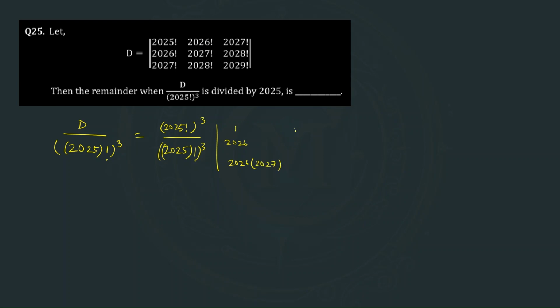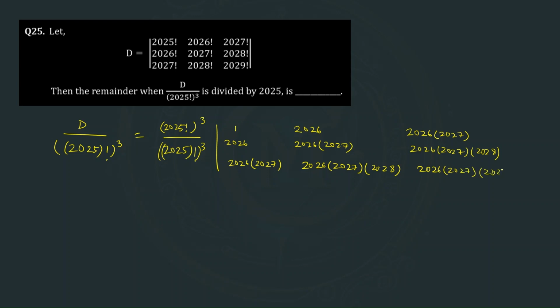Here it will be 2026, then 2026 times 2027, then 2026 times 2027 times 2028, and inside this column there will be 2026 times 2027, then 2026 times 2027 times 2028. Then here it will be 2026 times 2027 times 2028 times 2029. So this determinant will be this. Now these two cancel each other.